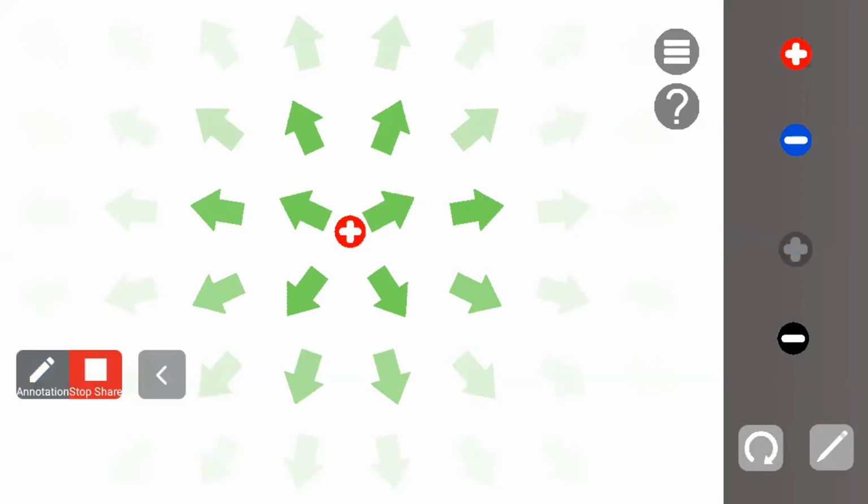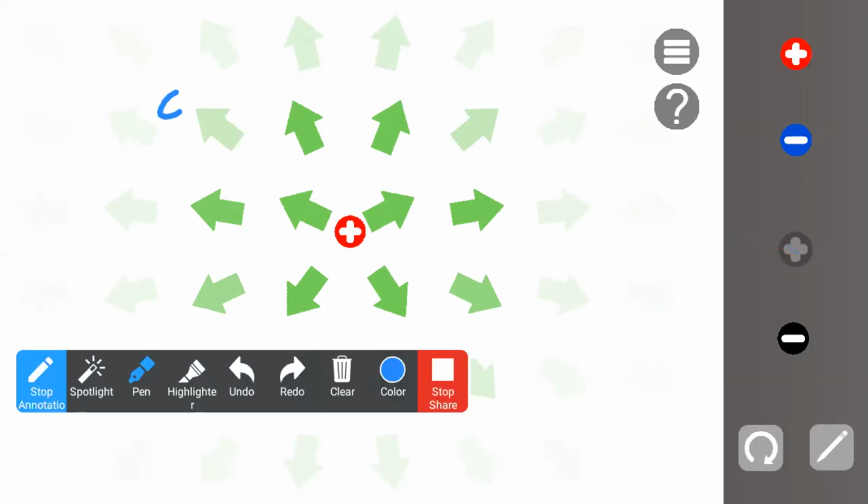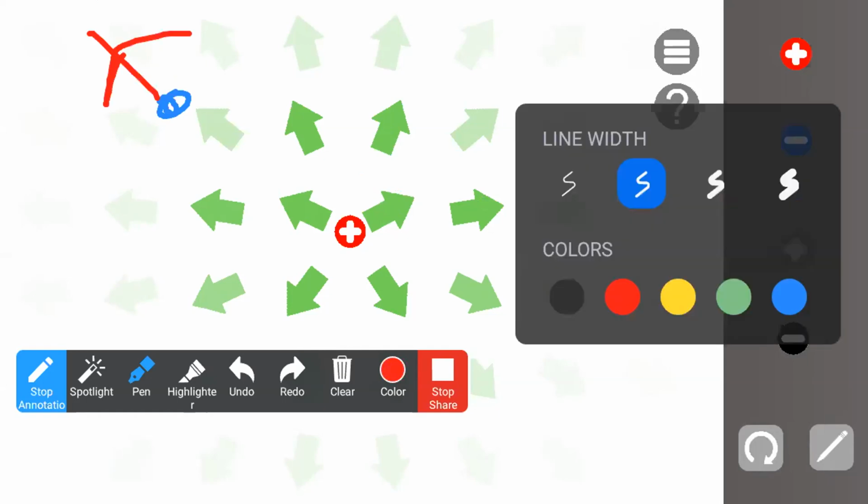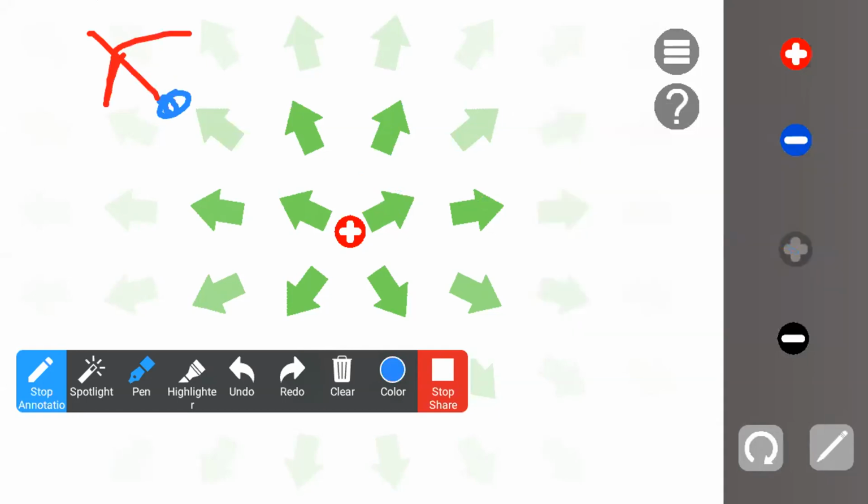I released some charge here. It's going in this direction. Why is it going in this direction? Because at that point, the electric field is going in this way, so the force is acting in that direction. That's why the charge is going that way.